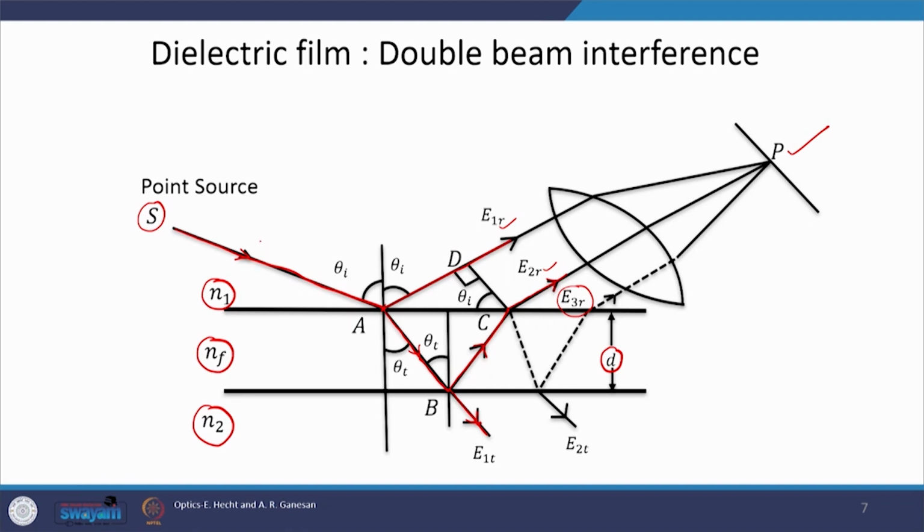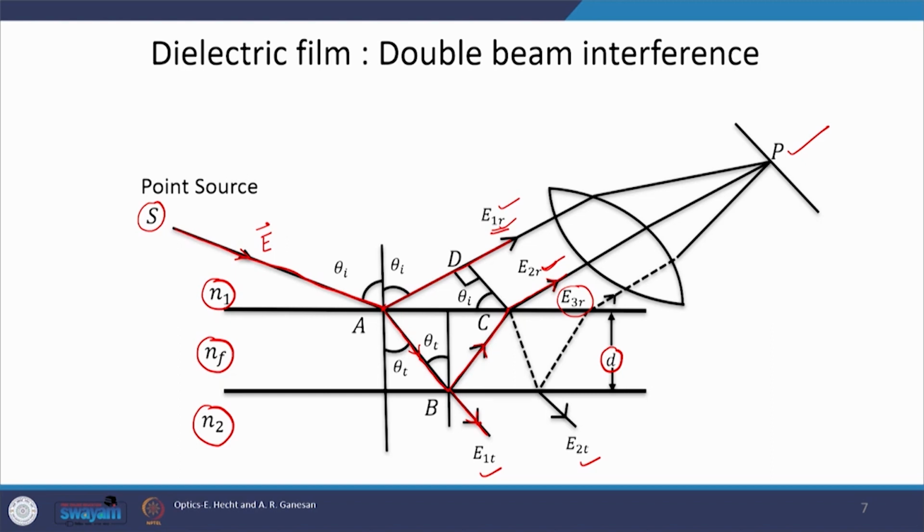We assume that an E field is being launched, and the first reflected amplitude, or first reflected field, is represented by E1R. The second reflected field is represented by E2R. Similarly, the first transmitted field is represented by E1T, while the second transmitted field is represented by E2T.